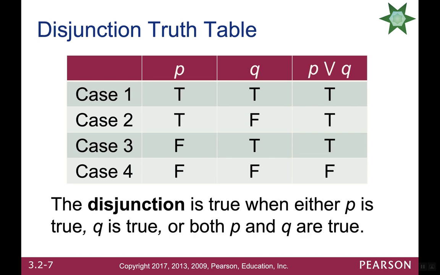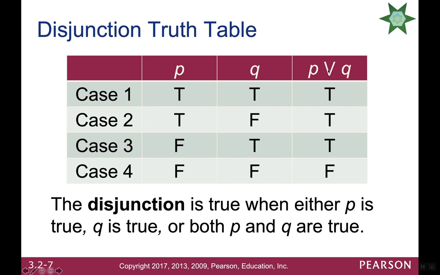So the disjunction truth table is the opposite. Rose has brown hair. Mary has white hair. Then Rose has brown hair or Mary has white hair is true. So this is the disjunction truth table.